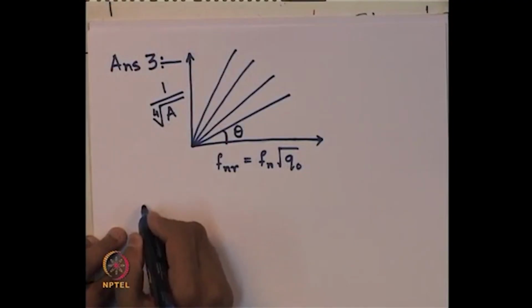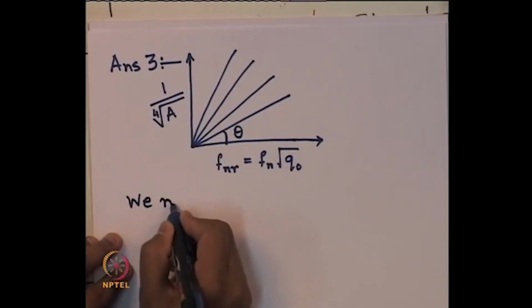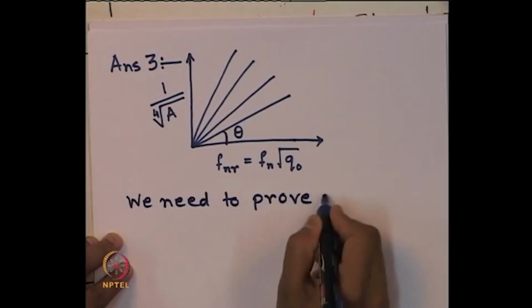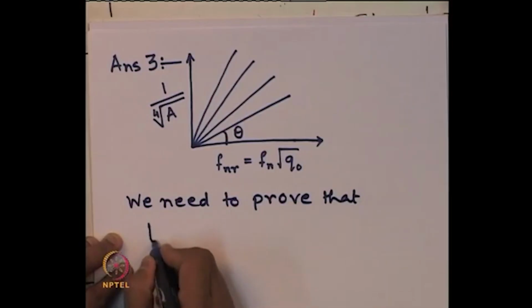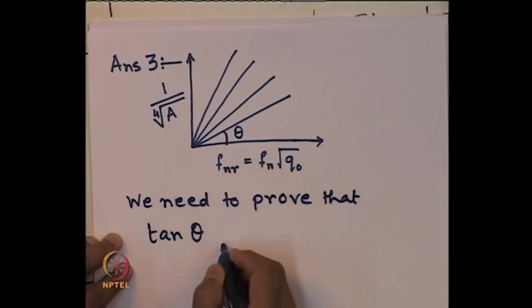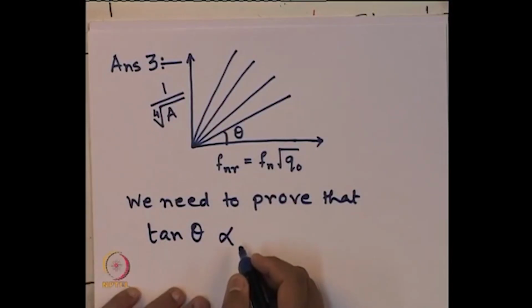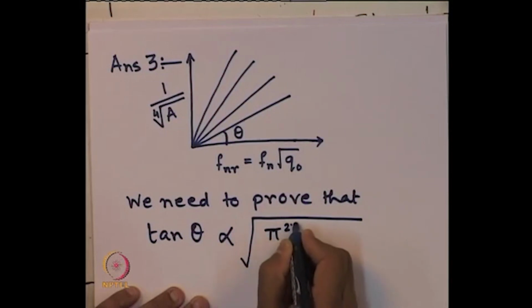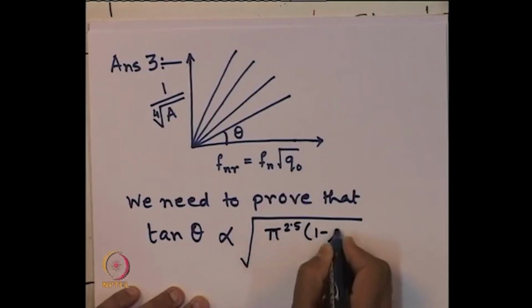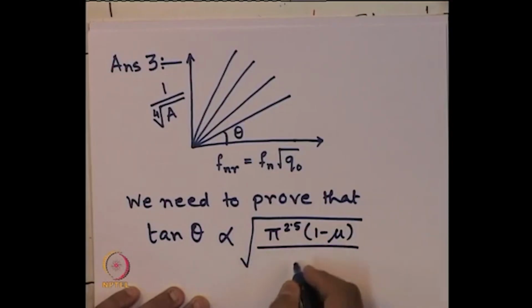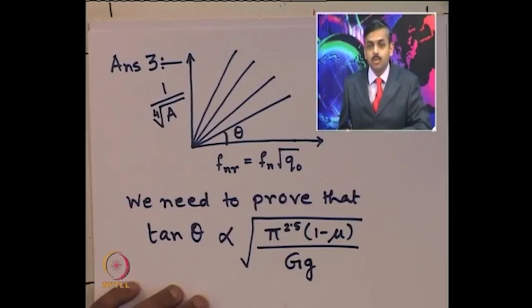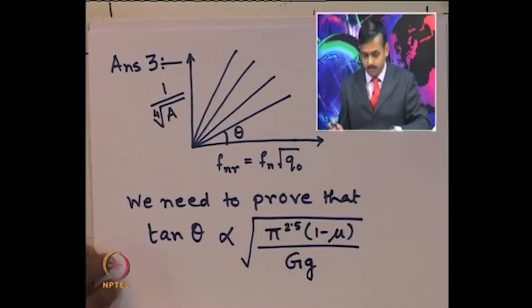We need to prove that tan theta is proportional to the given parameter, which is pi to the power 2.5 times 1 minus mu, mu is Poisson's ratio of the soil, by G g. Capital G is the shear modulus of the soil, small g is the acceleration due to gravity. So, we need to prove this.